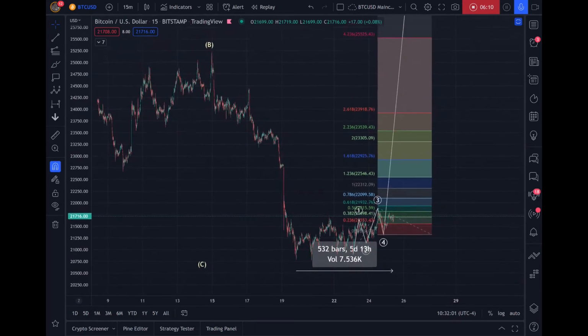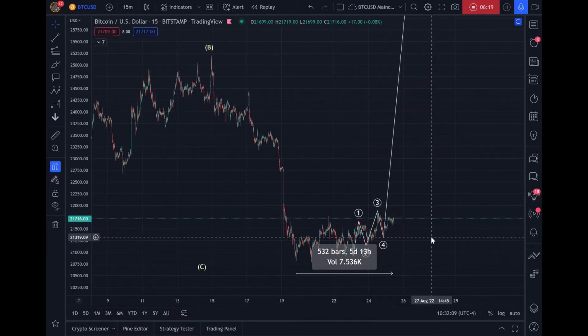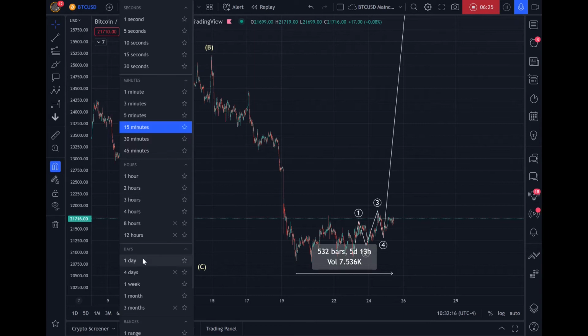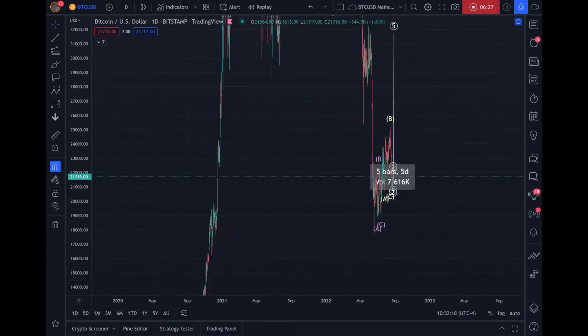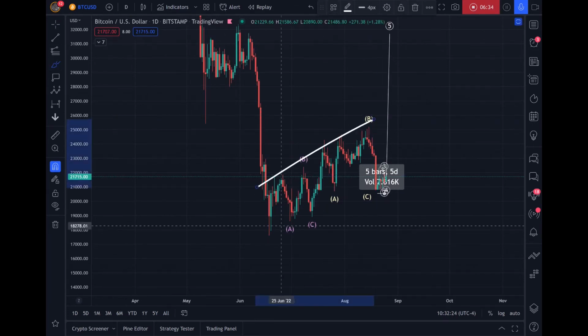I fully expect us to reach much higher for a few reasons. Okay, one, this is a macro bottom. This is not just a local bottom. This is a macro bottom where if you zoom out, you can see we are in a larger pattern of consolidation reversal that's lasted around 70 days.